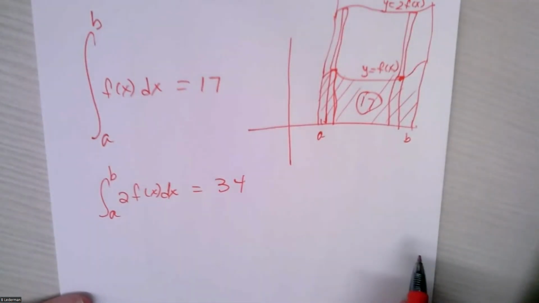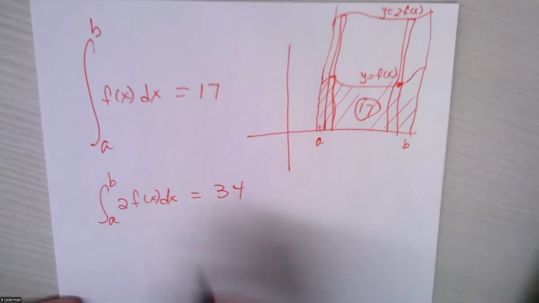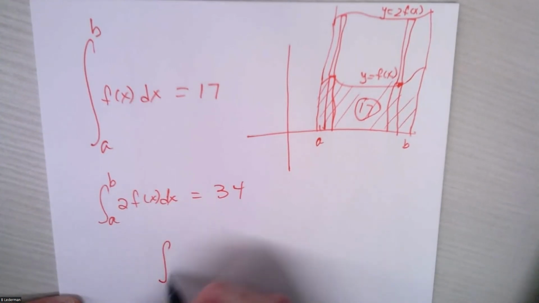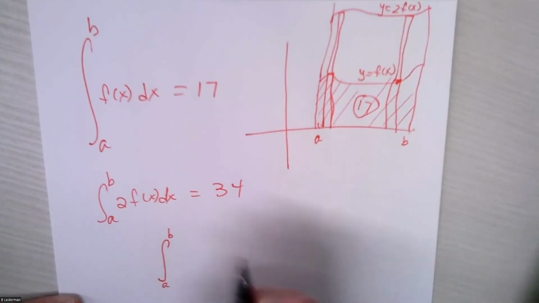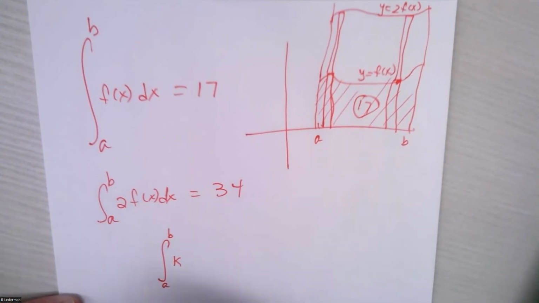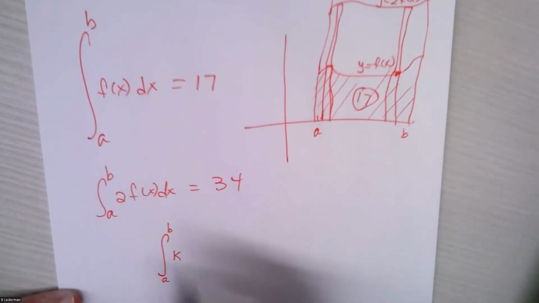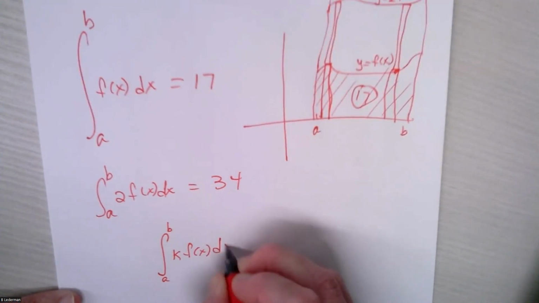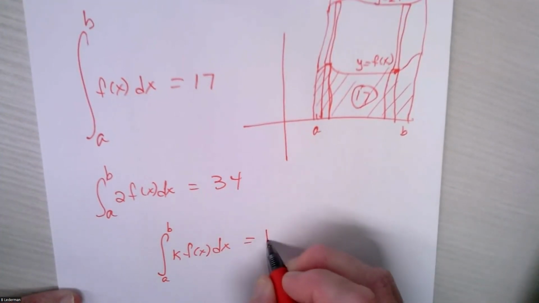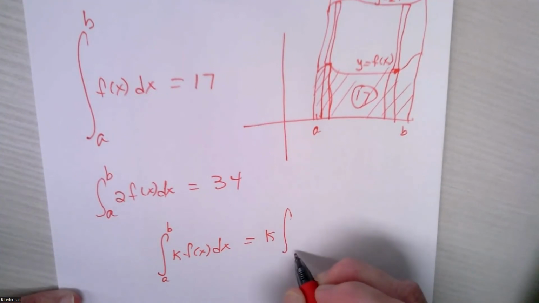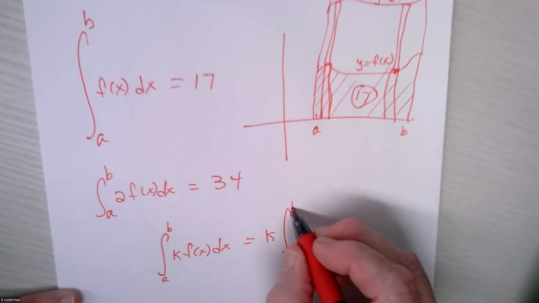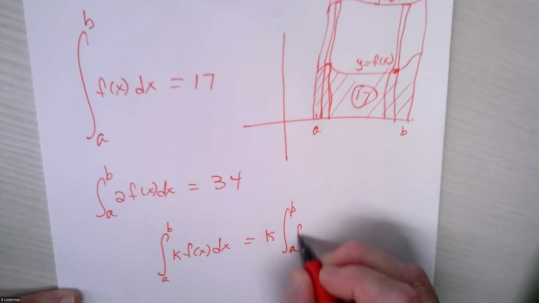And that leads us to a very important rule of integrals, which comes up a lot, which is that the integral from a to b of k, which can be any constant, it doesn't have to necessarily be 2, any constant times f of x, is just going to be k times the integral from a to b of plain f of x.